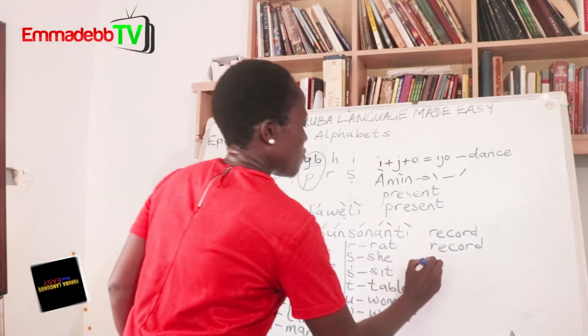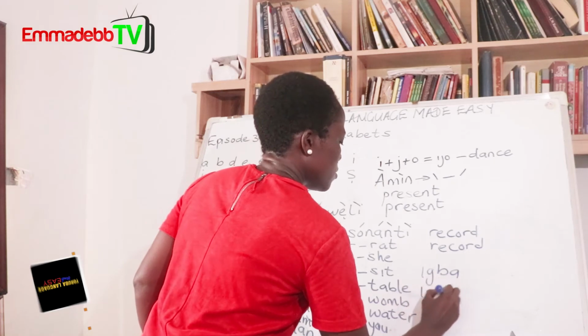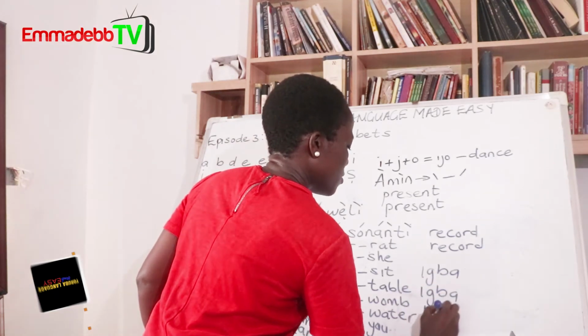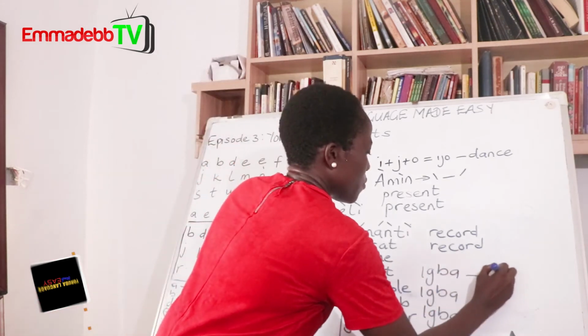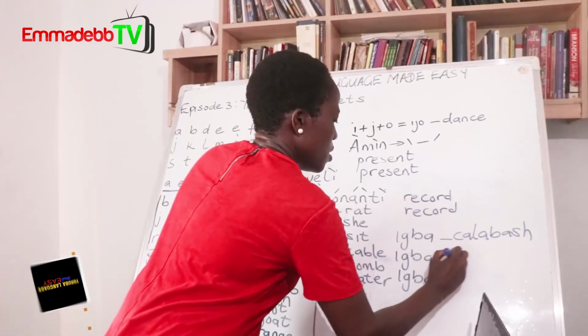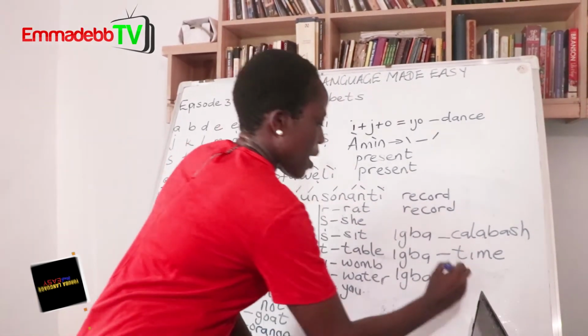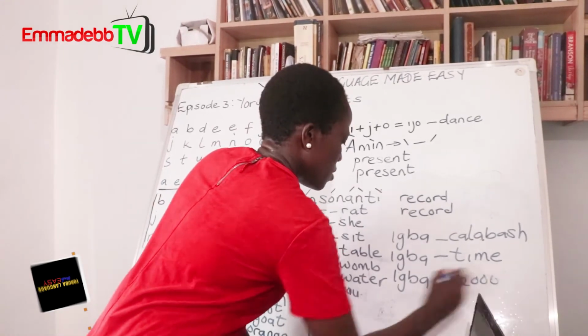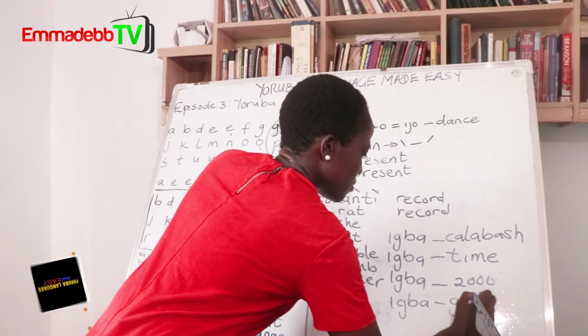Let's just take one for example. We have igba. This igba here is calabash. Igba, this is time. Igba, this is 200. We have igba, this is garden egg.